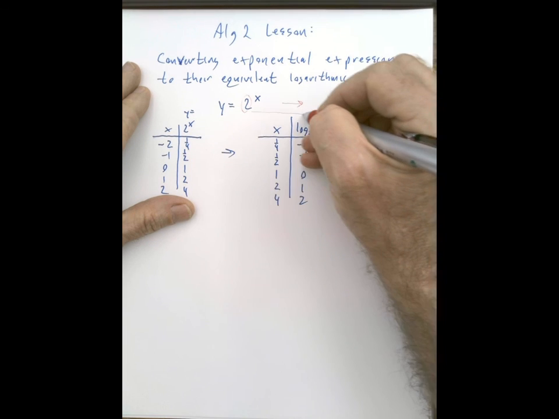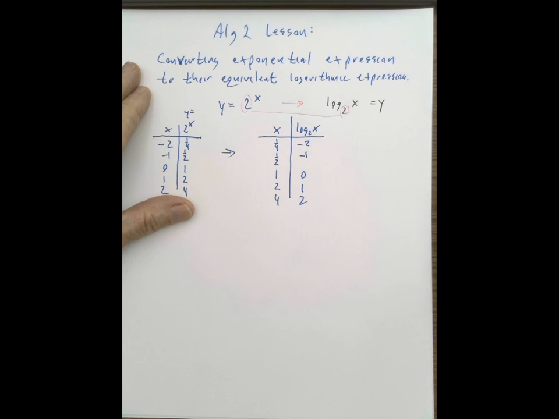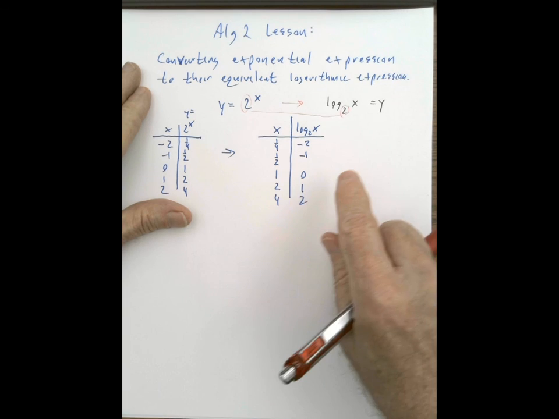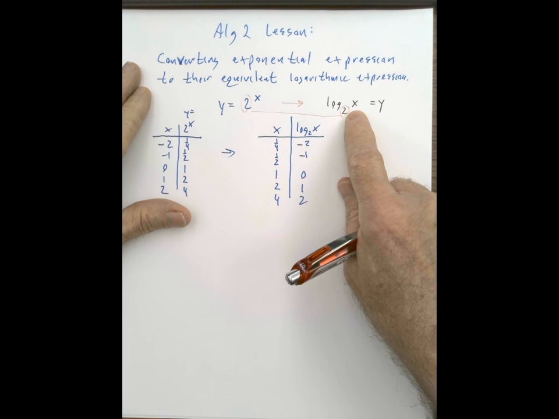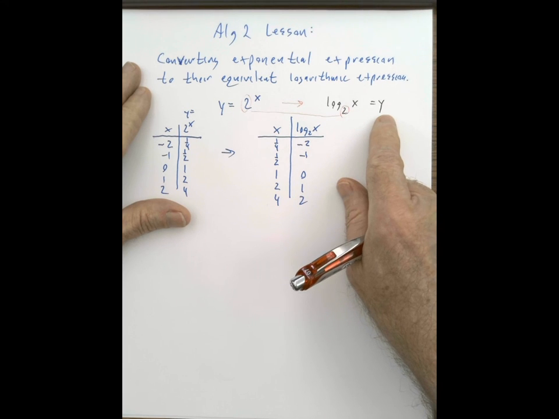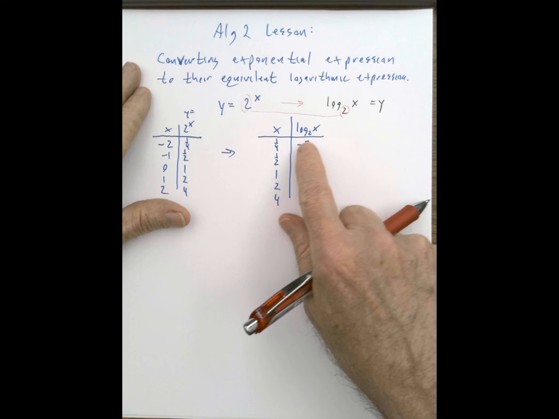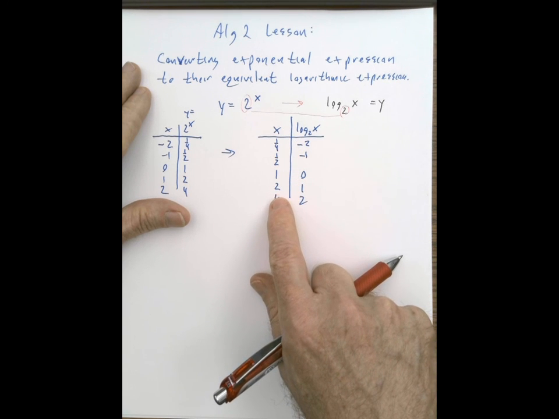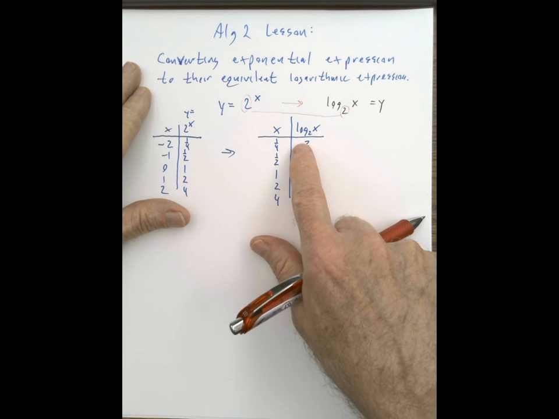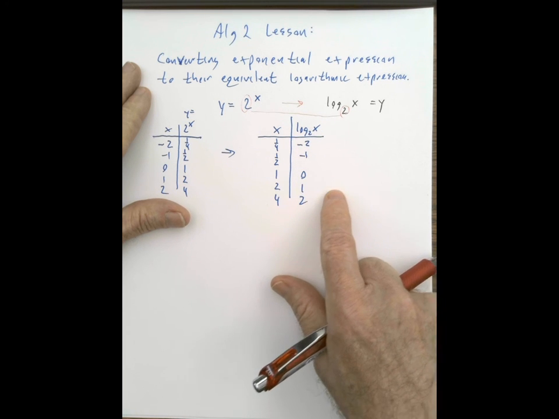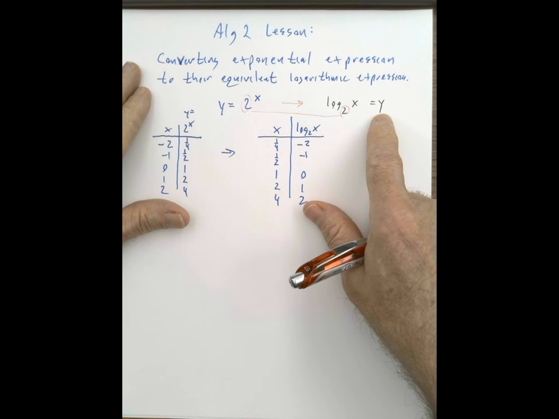The log base and the exponential base are exactly the same, and you see here that we've switched the x and the y. So this is the input value for the logarithm, and this is the output value. These are the input values that go in for x, and these are the output values that go in for y.